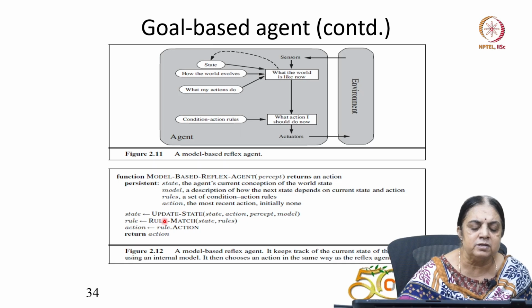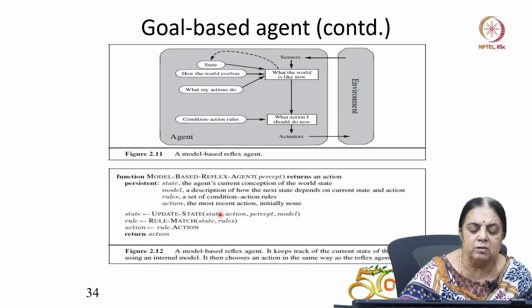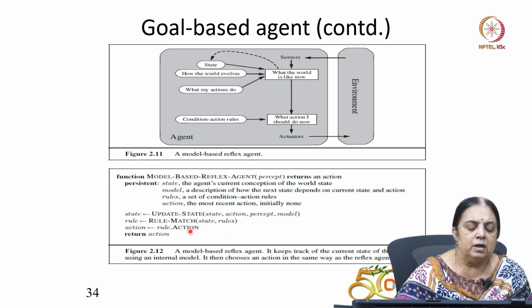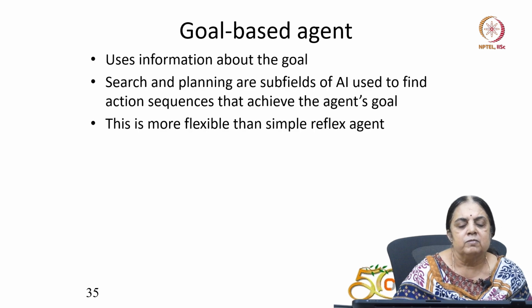Here we can see that using the present state, the previous state, the percept, the model and the action that was taken previously, you are updating the state. And this state is used to find the rule and the action which needs to be taken at the next point in time, basically.